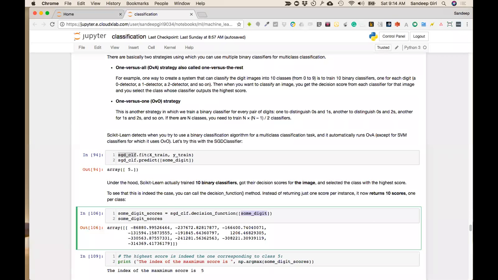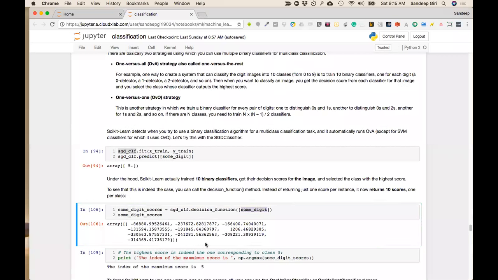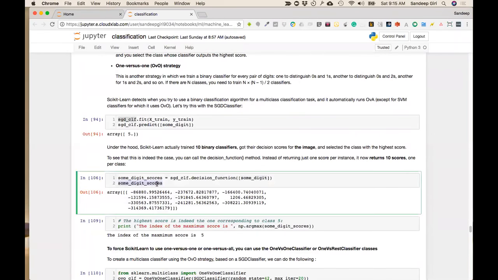It varies from negative to positive, huge numbers to small numbers as well. The value is essentially the distance between a particular data point and the hyperplane. So that's the score.